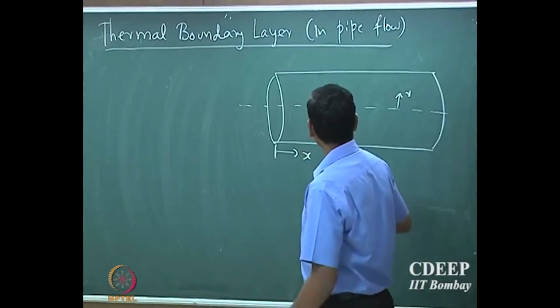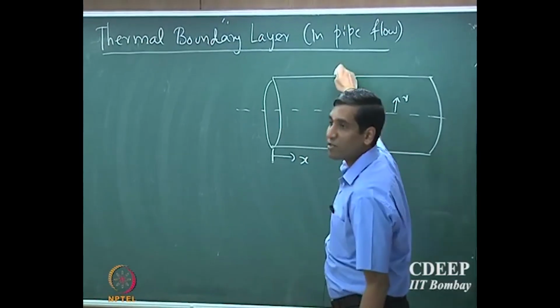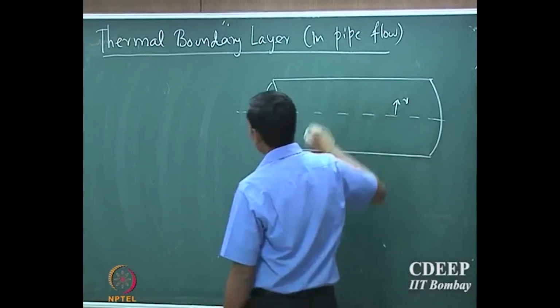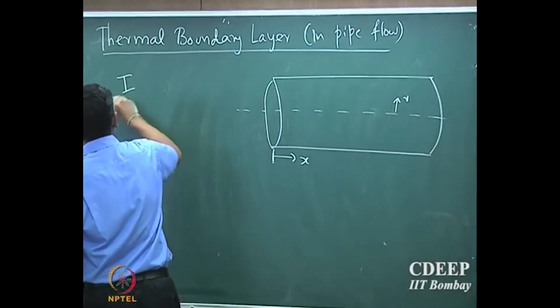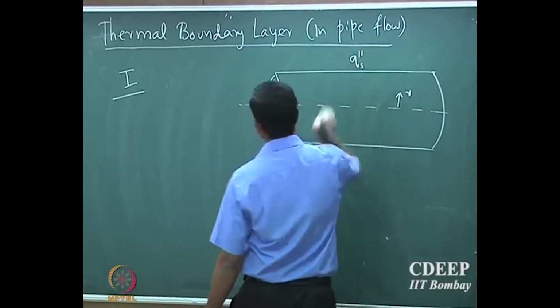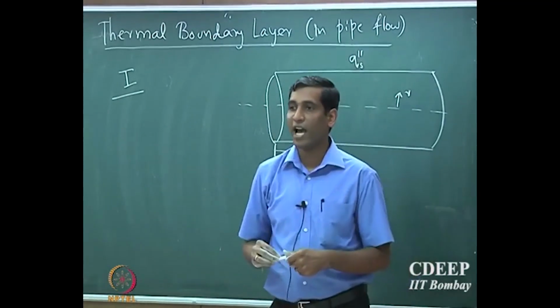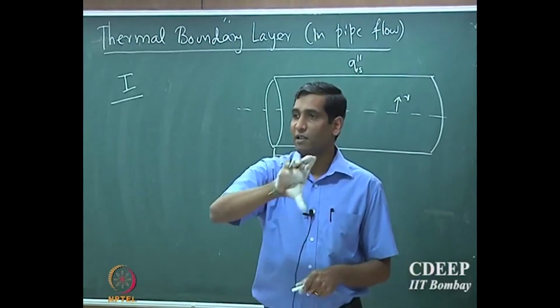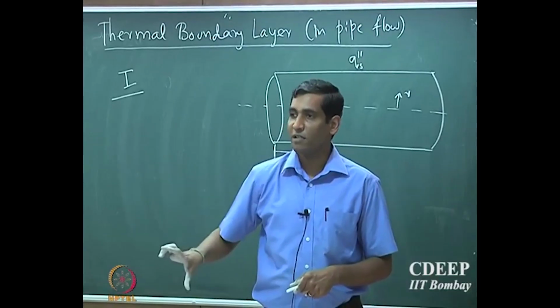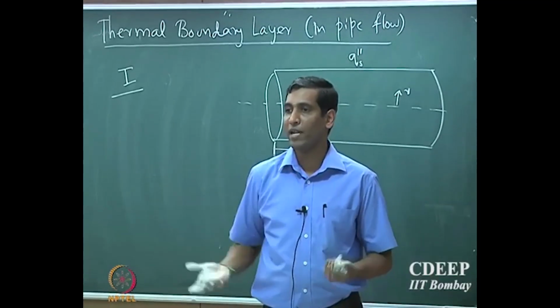One is you can maintain a constant flux of heat that is actually removed from that surface. So case 1 would be a constant surface heat flux. I can have a situation where the flux of heat that is either removed or given to the tube is maintained constant.